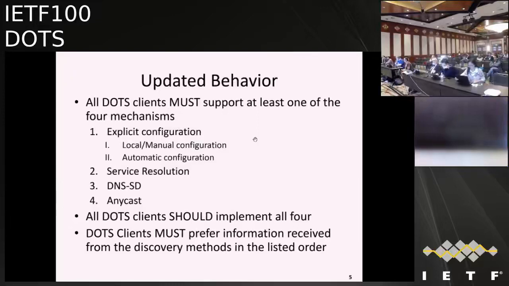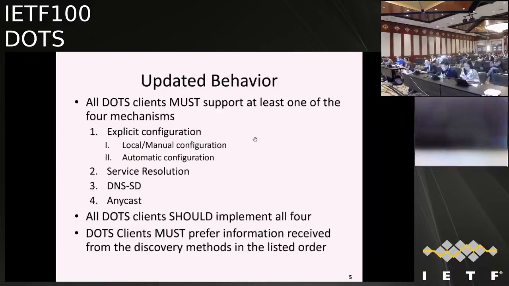So this is the updated behavior of the discovery solution. There are so far 4 alternate solutions to discover the DOTS servers. You have the explicit configuration that can be local or can be automatic using DHCP and so on. We have the service resolution, we have the NAPTR, and we have the Unicast. And the current text, as per the outcome of the discussion we had on the mailing list, says that the DOTS client must support at least one of these mechanisms, and we also added wording to say that it should support all of them.